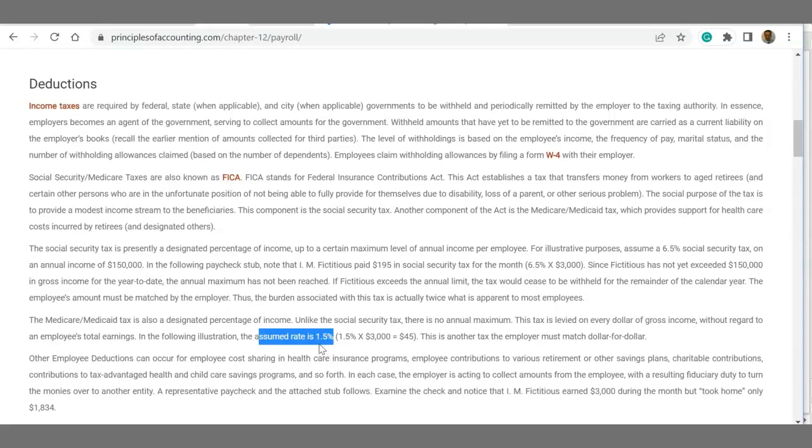So 1.45% of gross income will be paid by the employee, and 1.45% of gross income will be paid by the employer. However, if someone is an independent contractor, then the independent contractor is responsible for the complete 2.9% of Medicare tax.